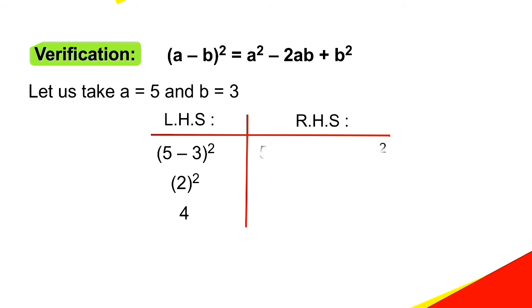So what can we get? 5 square minus 2 into 5 into 3 plus 3 square. 5 square means 5 fives are 25, minus 2 fives are 10, 10 into 3 is 30, minus 30, plus 3 square means 3 threes are 9. So what can we get? Plus 9. Now according to BODMAS, we are going to do it.